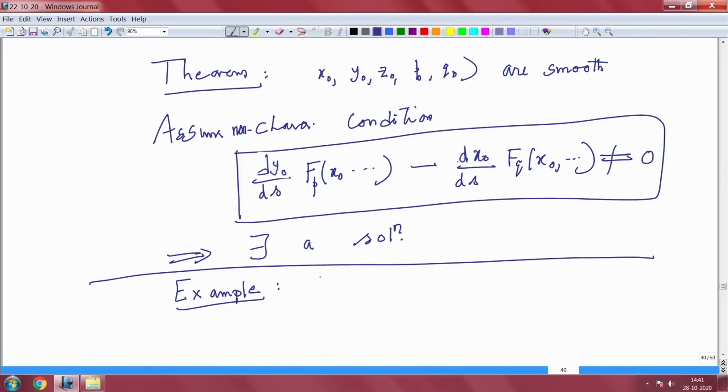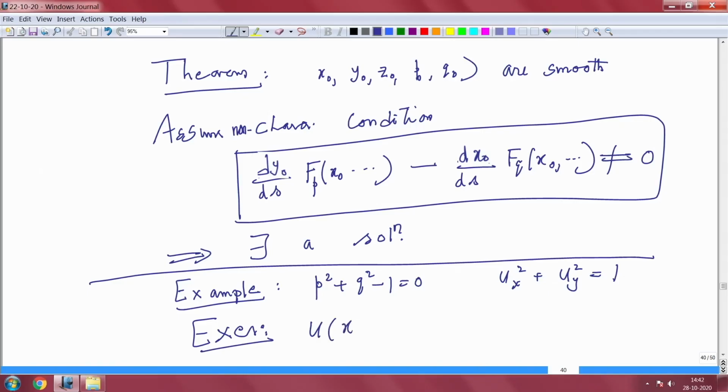Example. Look at this equation, p square plus q square minus 1 equals 0, that is the PDE u_x square plus u_y square equal to 1. This is an exercise which you can work out. There are more exercises in the book, and I suggest you go through and do some problems. You can see that you can get two solutions, u(x,y) equal to plus or minus 1 by root 2 times (x plus y minus 1).